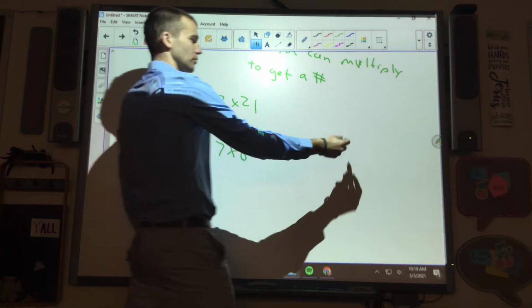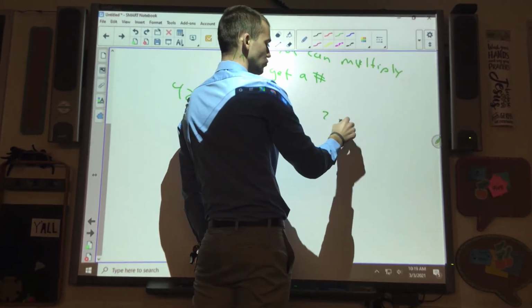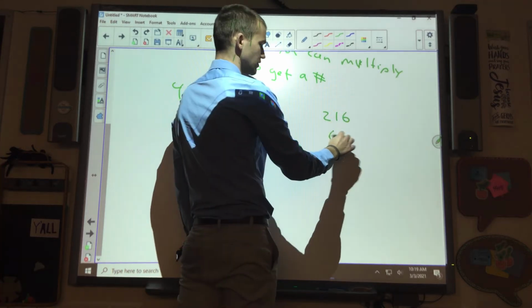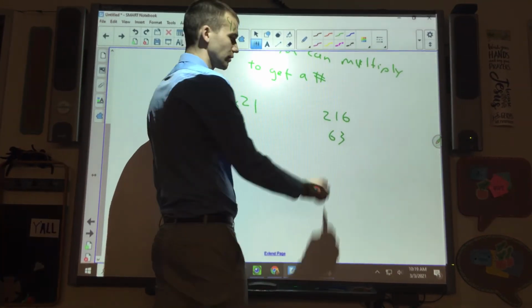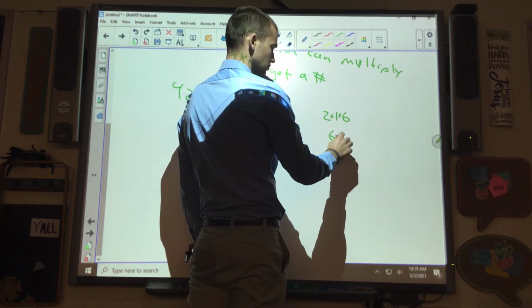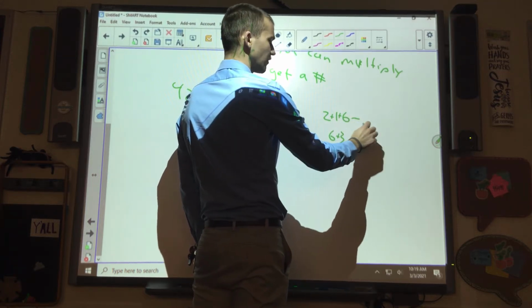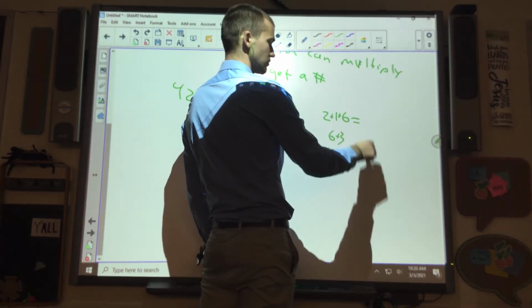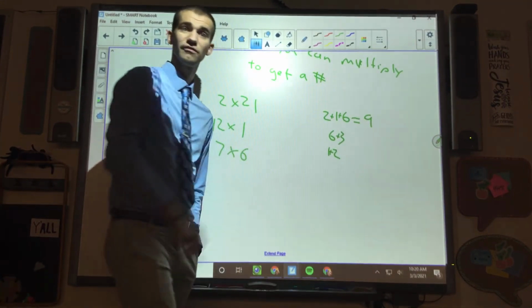When you add up the individual digits of a number, like 216, or 63, or 12, if you can divide that sum by 3, then the number is divisible by 3. 2 plus 1 is 3, plus 6 is 9. 9 you can divide by 3.